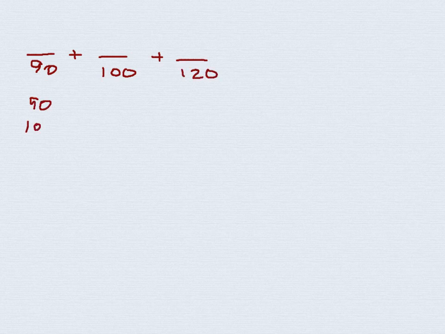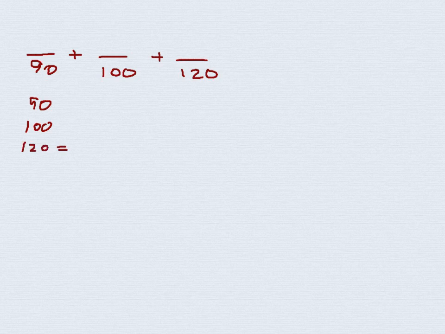So maybe you're thinking the multiple method looks really easy and you'd rather use the multiple method. I'm going to throw a what if at you. If you had denominators of 90, 100, and 120, and you had to find the lowest common multiple of 90, 100, and 120.